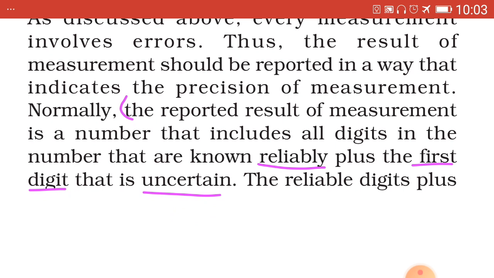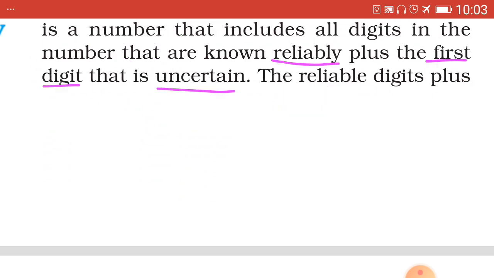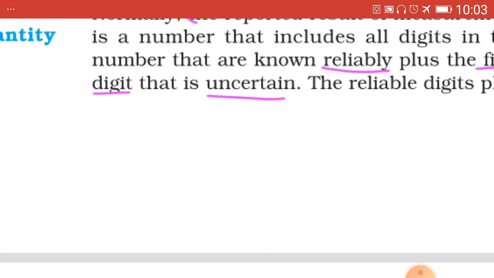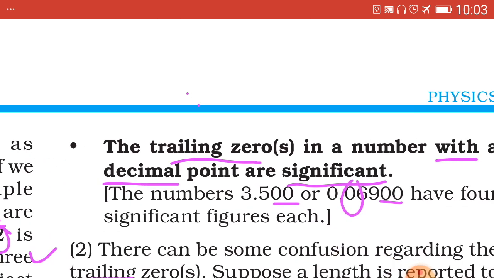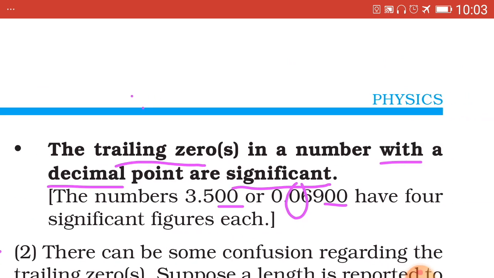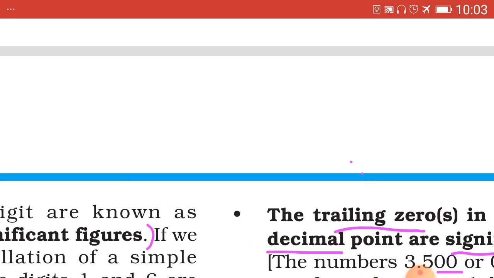So in the measurement, which is a number, reliable digits, meaning certain digits, plus the first digit which is uncertain, together are known as significant digits.